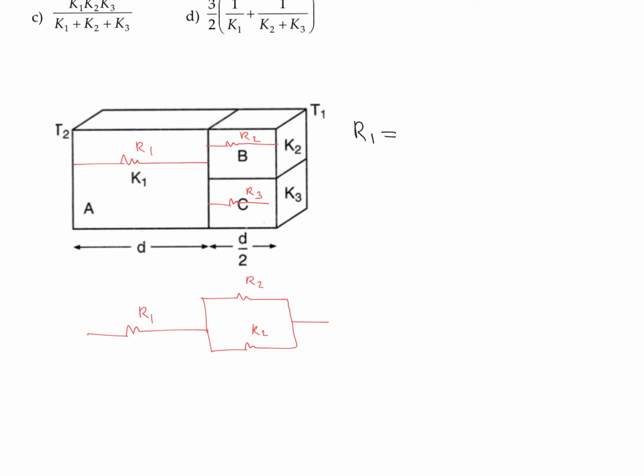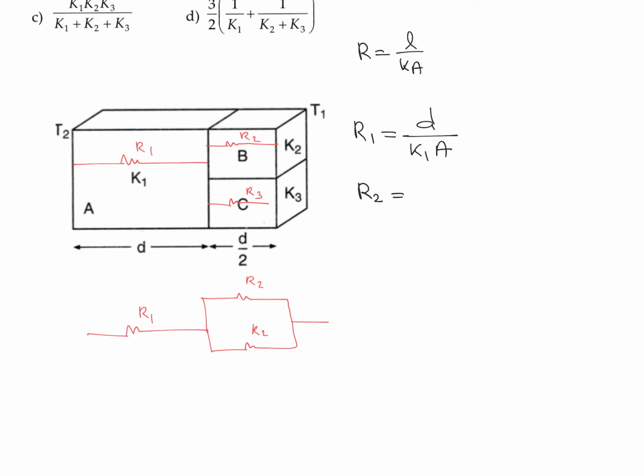Now we can write the equation for their resistance. We know the equation for resistance is equal to L by KA. Resistance of the first resistor R1: its length is D, its conductivity is K1, and area of cross section is A. Like that we can write the value of R2.